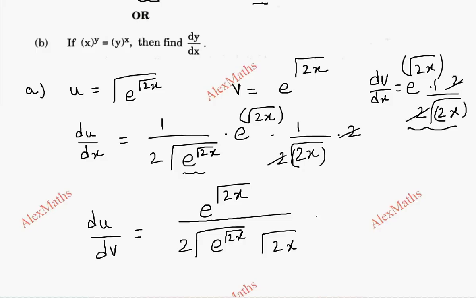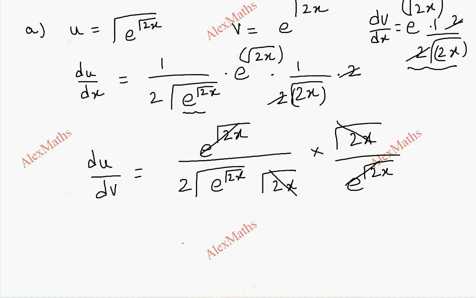When I divide, I can take the reciprocal, so root 2x by e power root 2x. So here, whatever possible we can cancel, and after cancelling the left out term is 1 by 2 root e power root 2x. So this is our du by dv.